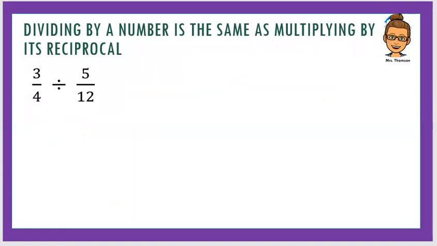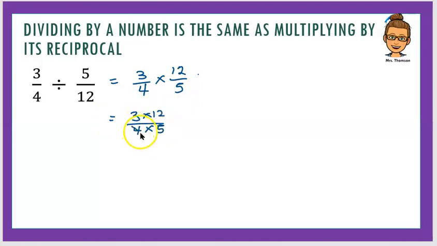All right, let us look at this one. 3/4 divided by 5/12 is going to be 3/4 multiplied by the reciprocal of 5/12, which is 12 over 5. So that is going to give us 3 times 12 over 4 times 5.